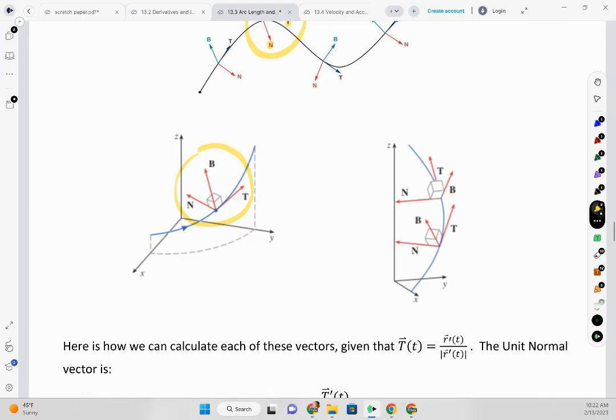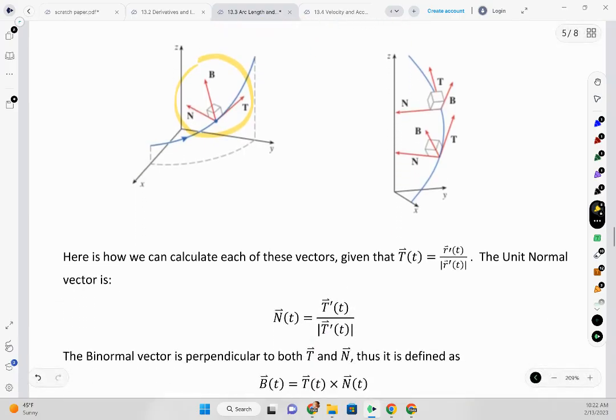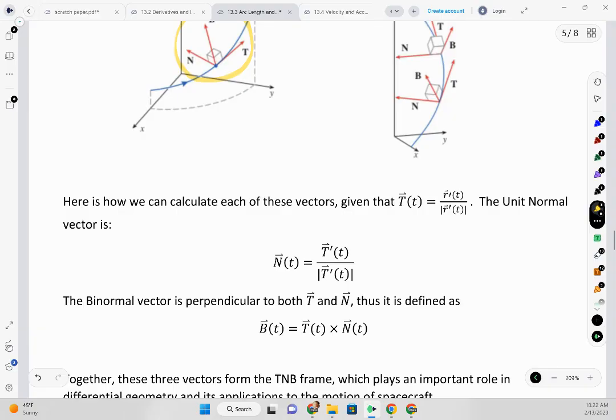Okay, let's look at how we're going to calculate these. We already know the unit tangent vector. Now the unit normal vector is going to require more derivatives. So you'll have to find your unit tangent vector, and then you find its derivative and you find its magnitude, and you find the ratio of those, and that will be the unit normal vector.